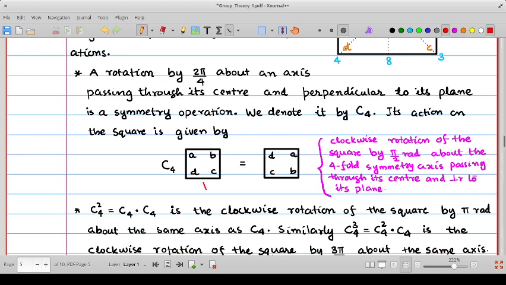So we have an initial state given by this and a resultant state given by this, which we could have distinguished provided these labels were already there, but the square did not have those labels, and therefore there is no way of distinguishing between this state and this state in the absence of these labels. So this rotation is a symmetry transformation.